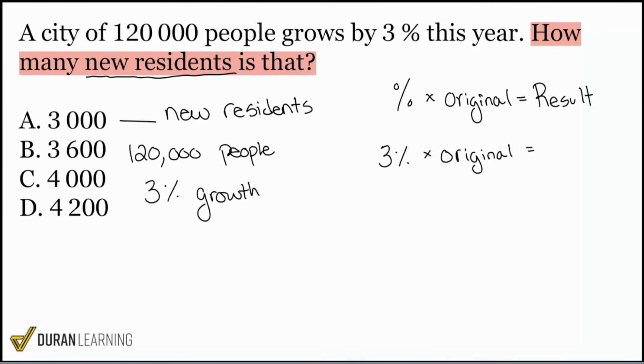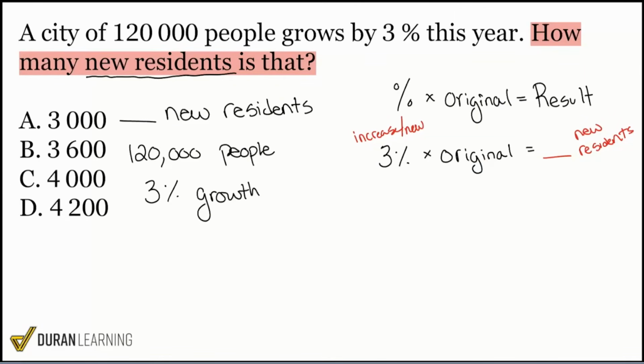So if the population is growing by 3%, it's going to grow by this number of new residents. So that's actually what I want: blank new residents. Yes, because 3% is going to be the population increase, which means new residents, 3% new people, blank number of new residents. So we're good to go.